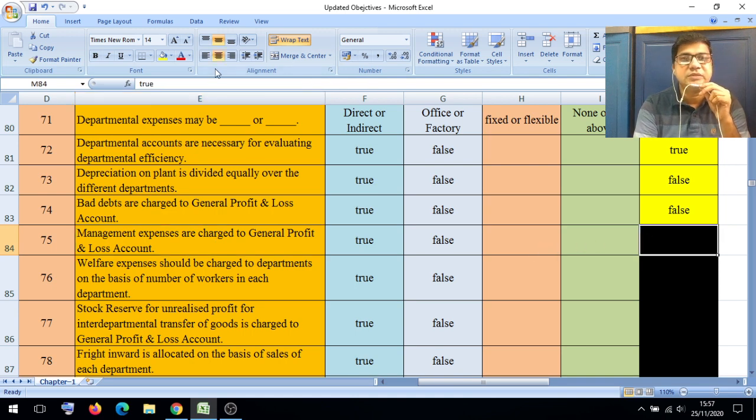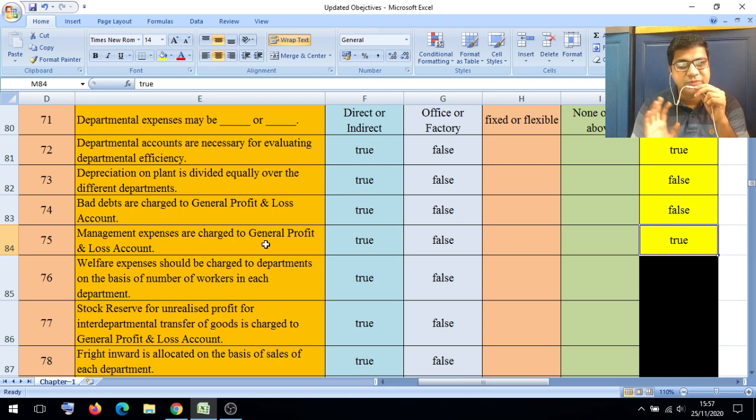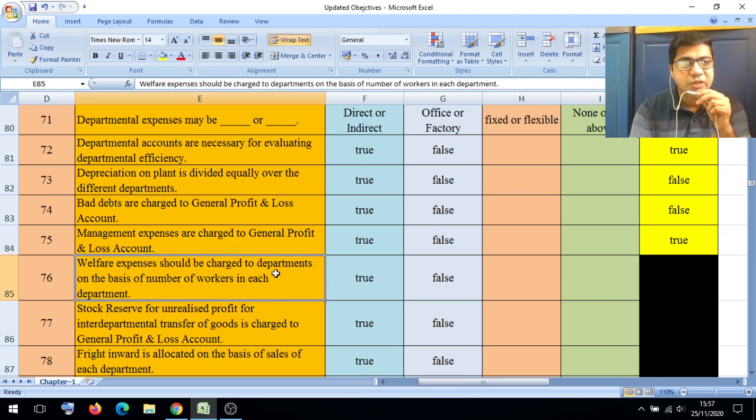Management expenses are charged to general profit and loss account. The answer is true. Management expenses are not related to the factory expenses, not related to the selling expenses, therefore they are transferred to general profit and loss account. Welfare expenses should be charged to departments on the basis of number of workers in each department.